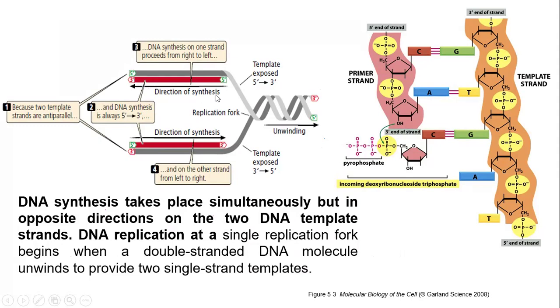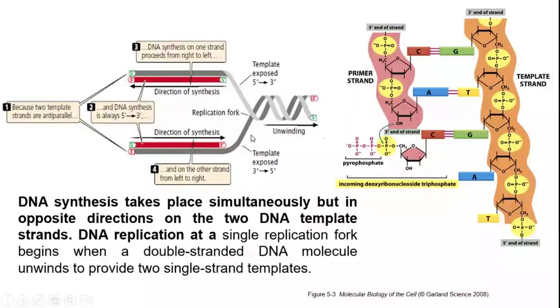Now, this one is coming out of the fork going to the outside, whereas this one is from outside going to the fork. So this is what we call the continuous, and this is the discontinuous. Remember, fragments are going to be laid, and then this is the replication fork. And then the enzyme called helicase will continue to do its work of unwinding the helix so that the enzymes can have access to the bases to be replicated.